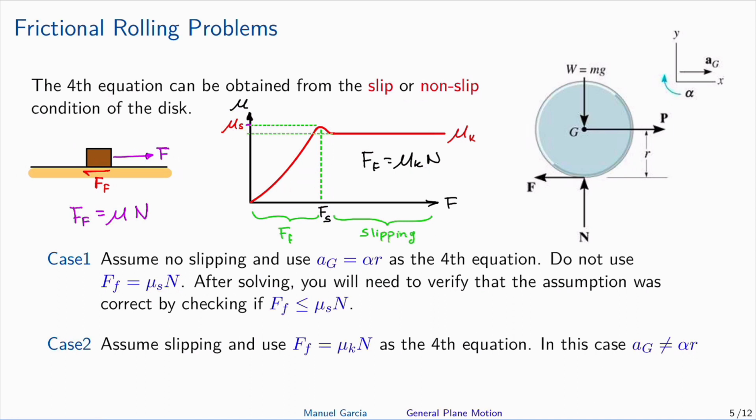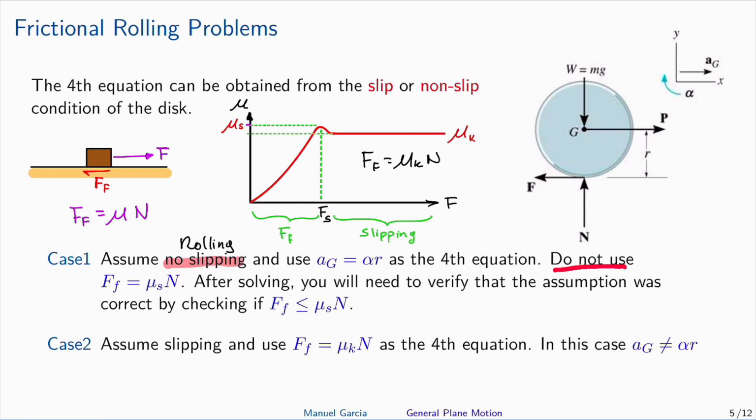Now, the procedure to solve in this situation is that we can just assume that there is no slipping, so we have rolling, and use the acceleration of the center of gravity equal to alpha multiplied by the radius. This acceleration corresponds to no slipping.